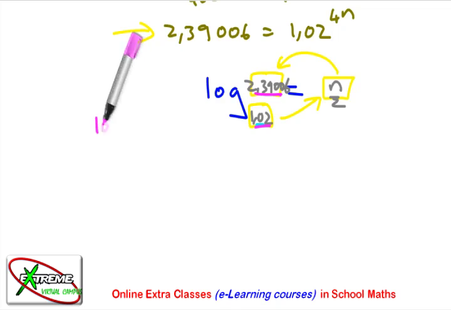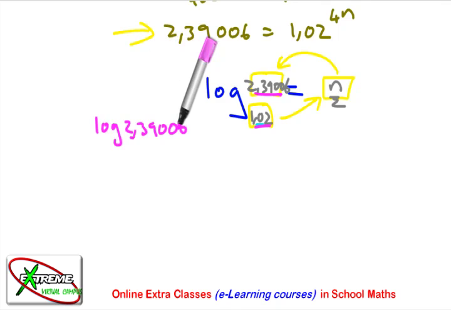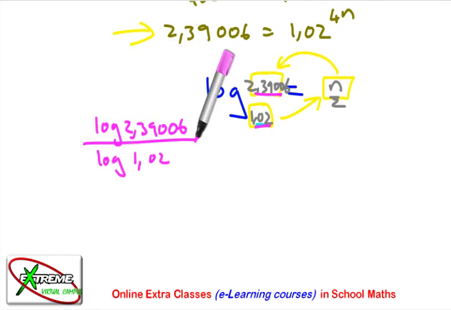So it will be log 2,39006 and log 1,02, and you divide them by literally making each one a base number of your choice. Because most calculators only work in base 10, you can make it base 10.